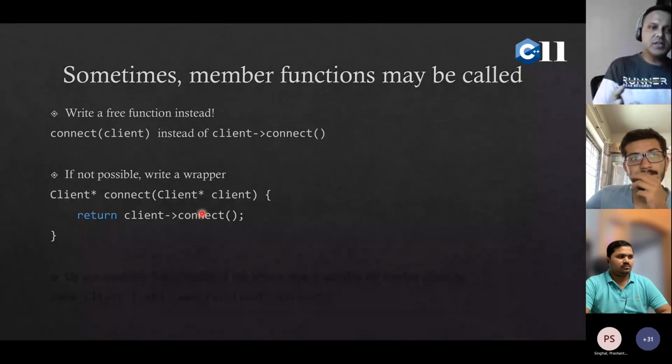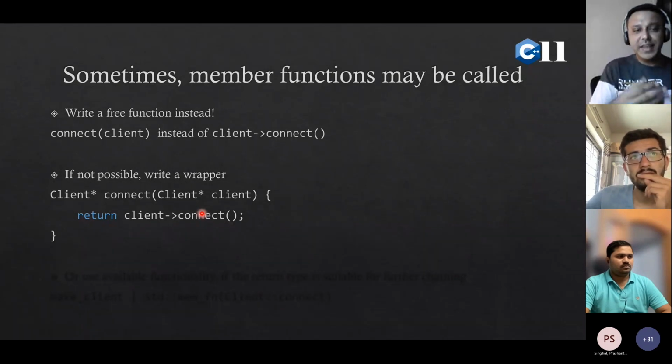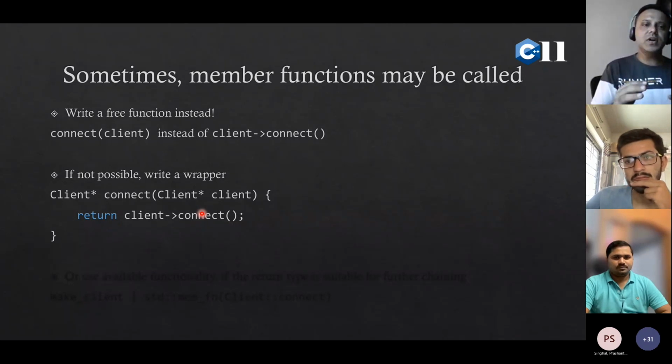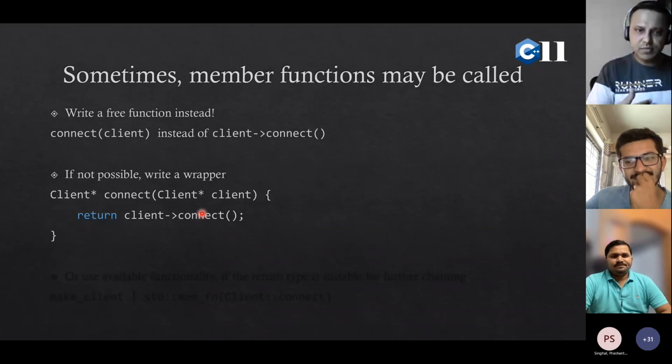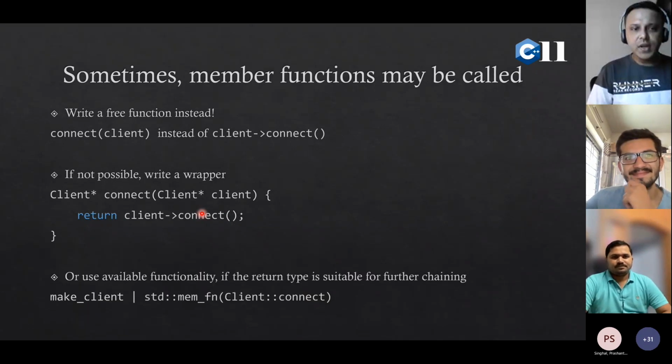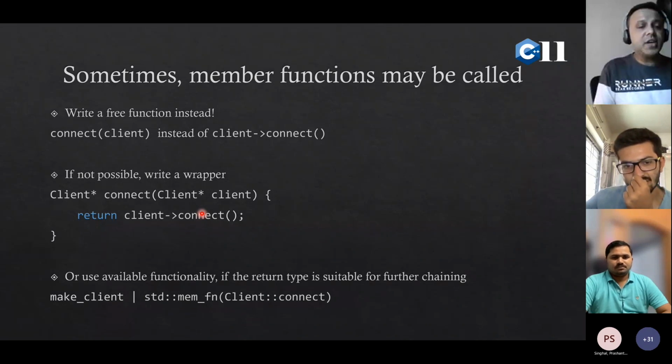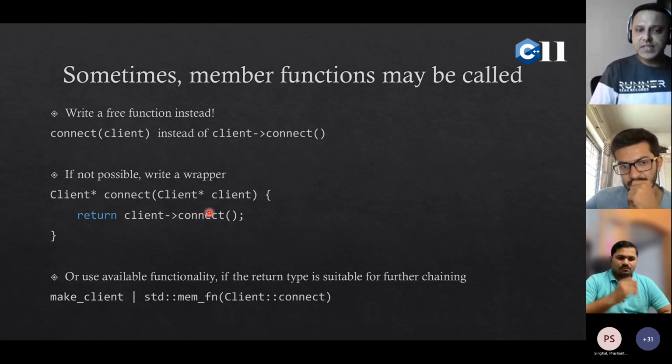And we know that in C++, if you compile with any level of optimization, this wrapper will just go away. It just becomes a user's convenience, and there is no penalty of two calls here, right? Or maybe you could use a standard library facility if that's what you want. If it is suitable for further chaining, for example, the return of this connect was exactly what you wanted.